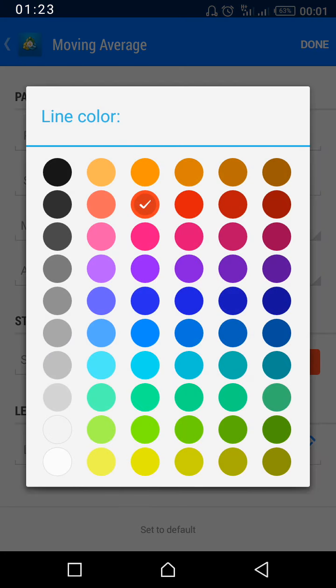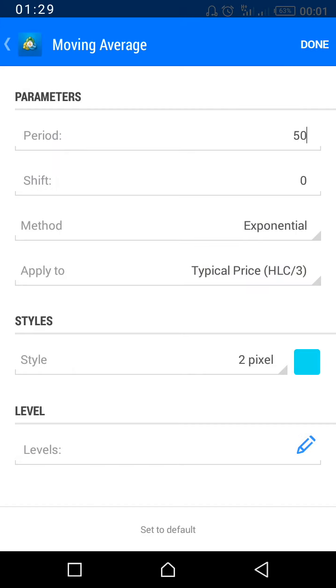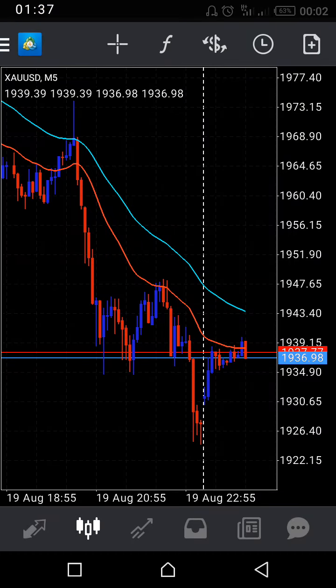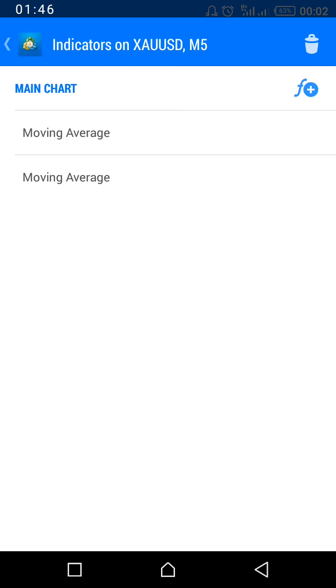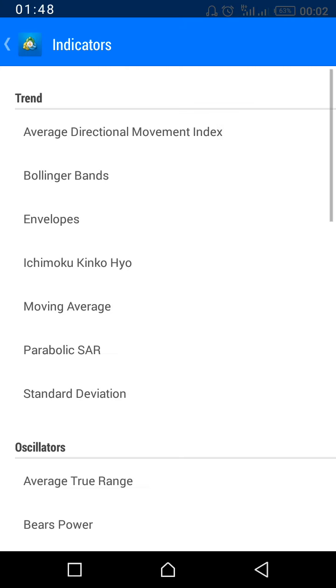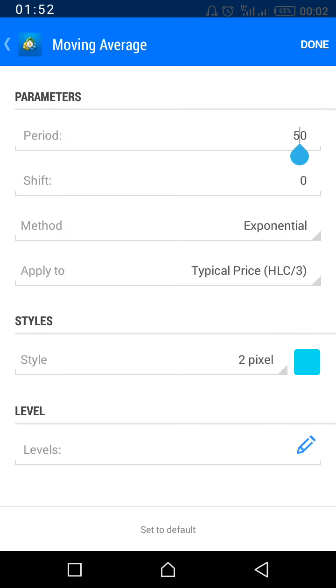Then you change the color to, I think I like this magenta. This is magenta or what? Sea blue, or the ladies know it better. And then, good, and that is it. And then we're going to add one more moving average, 4.